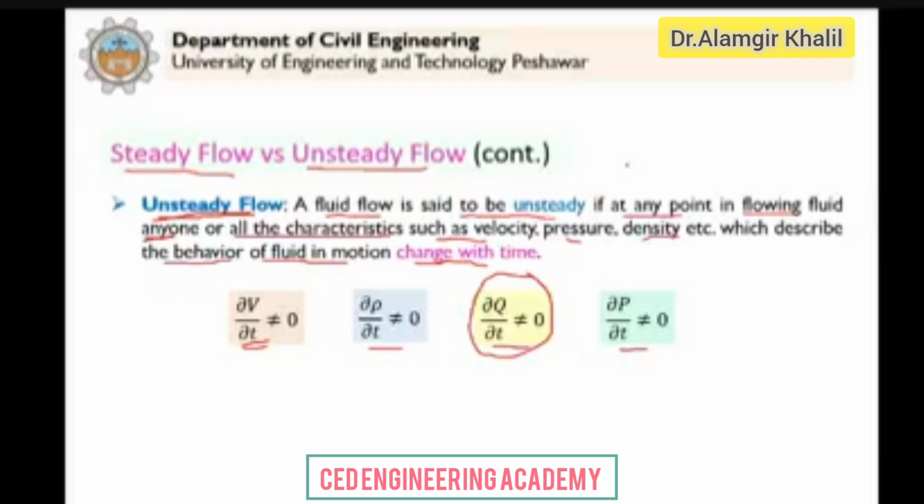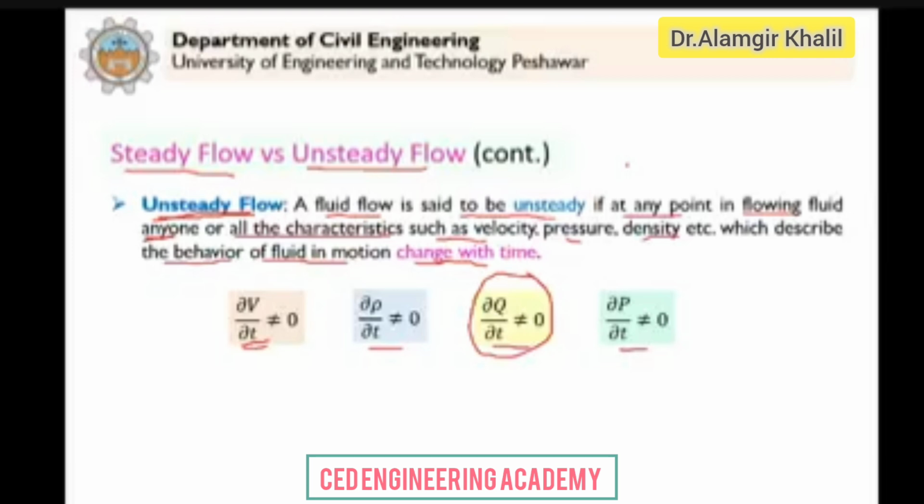So when we study a phenomenon, we are civil engineers. We are going to construct hydraulic structures, and they are going to be designed for steady flow as well as unsteady flow conditions. So why are we interested in studying steady and unsteady flow? Because they have separate analysis and design techniques.